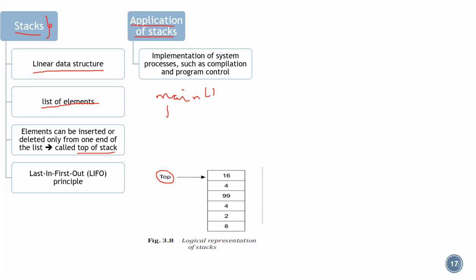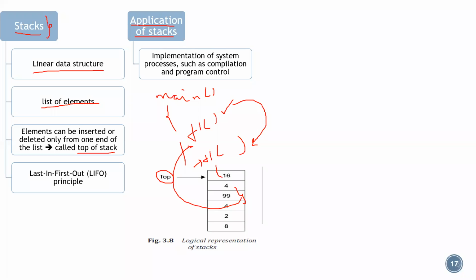Suppose you have a main function, and in the main function you are calling another function f1. f1 will have its own address. Whenever the statement is executed in the main function, the control has to go to function f1. Once the function has completed its work, it should return to the next statement present after f1.